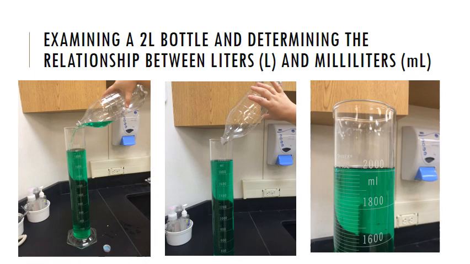Therefore, 2 liters equals 2,000 milliliters. That also means that when it is reduced, 1 liter will equal 1,000 milliliters. You can fill that information in on questions 2 and 3.